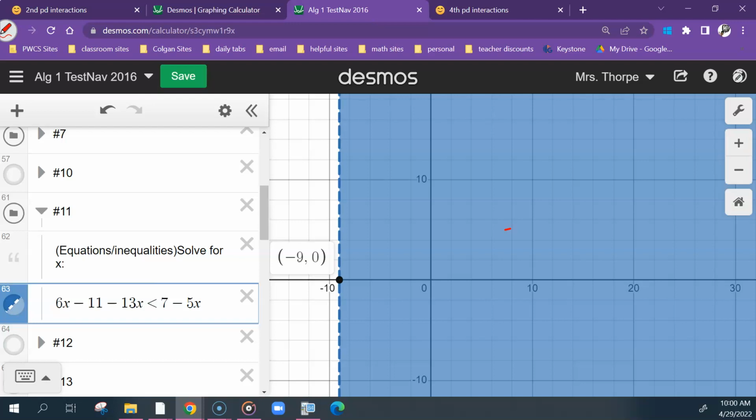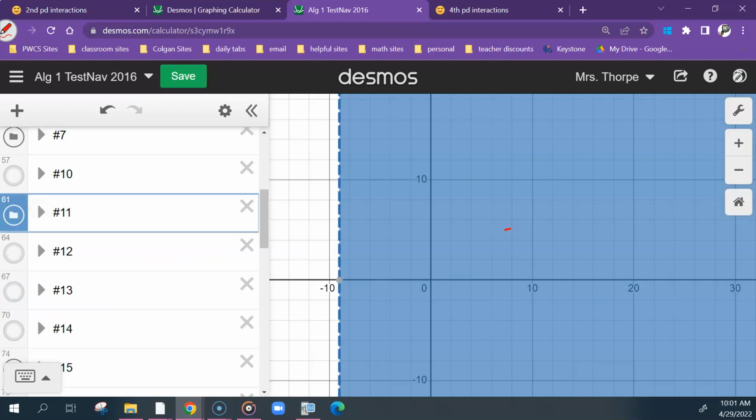And you will need to know dash line is just greater than, so x is greater than -9 would be your answer for 11. If it was on the left, it'd be less than. If it was a solid line, it'd be greater than or equal to or less than or equal to.